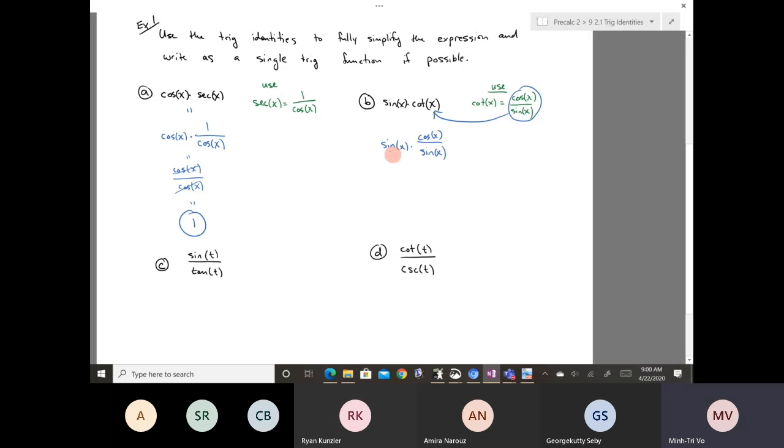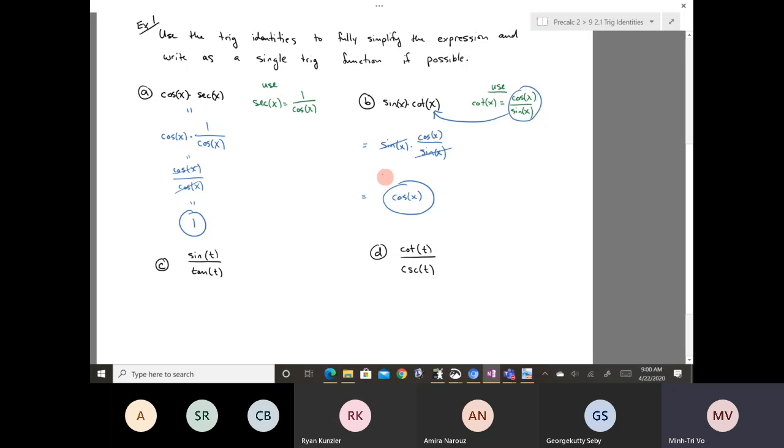And then again, I see I have sine divided by sine. So something divided by itself cancels out. And what am I left with? Just cosine. Now it's just a single trig function, so there's nothing you can really do with that.